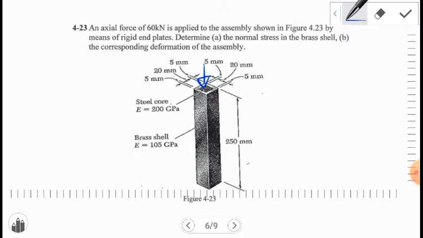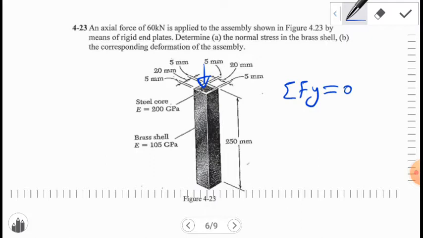Again, for analyzing composite members, equilibrium and compatibility equations are used together. We can write at the beginning one equation based on the equation of equilibrium, sigma Fy equal to 0. You can see that the total force applied over this member is supported by the steel core and brass shell.